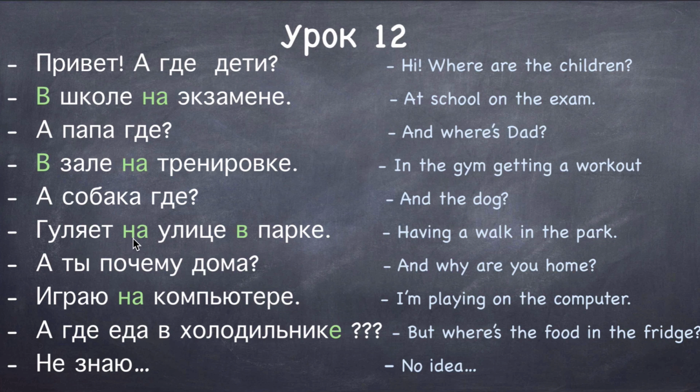For example, if the kids are hanging out outside of the house, spending leisure time, that's what I will say. Дети на улице. And let's pronounce this long word here, the fridge. Холодильник, холодильник. And don't forget to connect your preposition with the word. В холодильнике, в холодильнике.